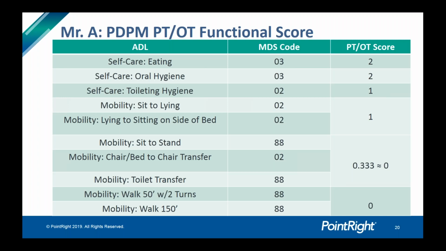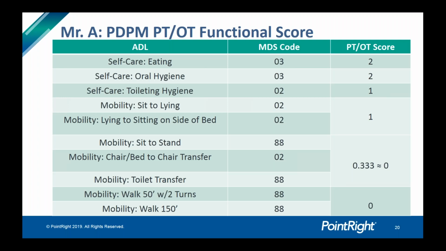Now let's get into the mobility. The three transfer items: sit to stand, chair and bed to chair transfer, and toilet transfer. Well, he's already non-ambulatory. He cannot yet stand. So that's an 88, not attempted due to medical and safety reasons. Same goes with toilet transfers. But the chair, bed to chair transfer, they have been doing a very extensive assistance bed to chair transfer.